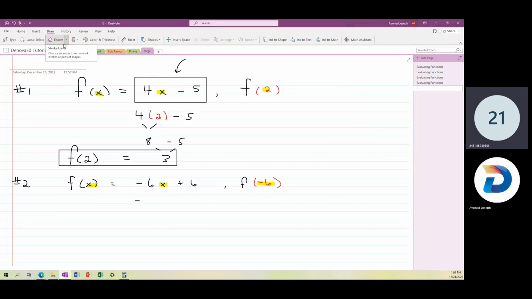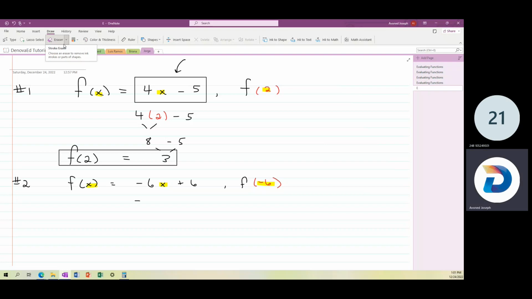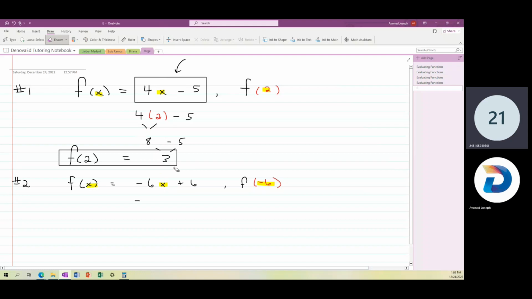I don't know. Can you help me with this? Yeah, so look how we did the first one, right? We plugged in 2 for x, and then we broke it down that way. So we're plugging in what number for x for number 2? Okay, let's see. 2?